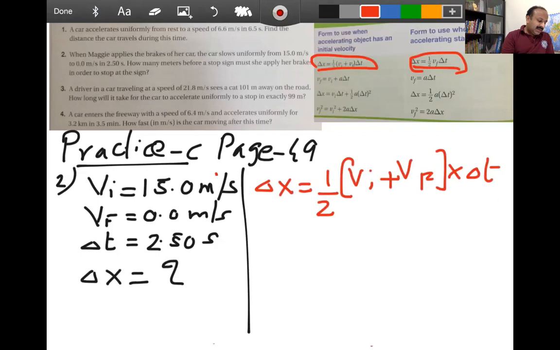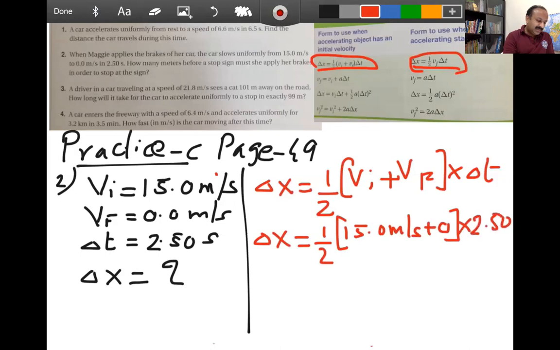Since here vf is 0, this will reduce to delta x is equal to half into your vi, 15.0 meter per second. vf is 0, so no need to write that one, anyway, I'll write 0, times delta t, 2.50 seconds.